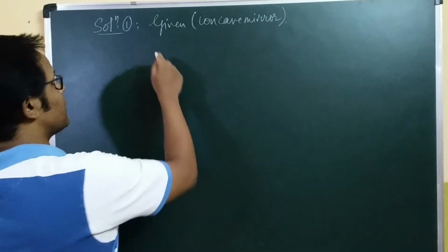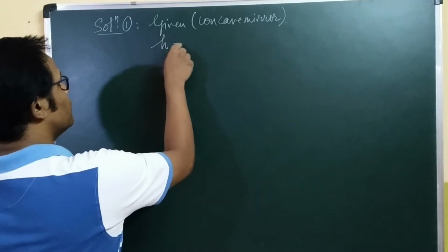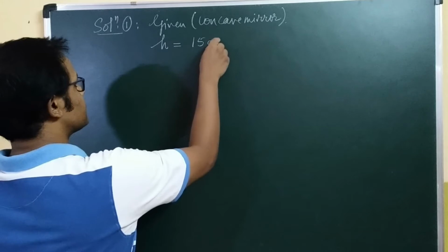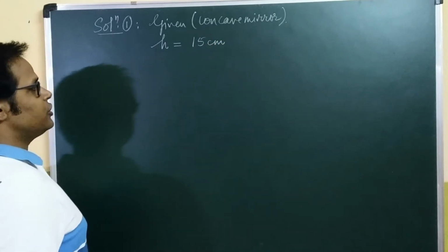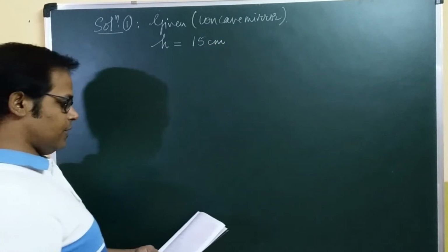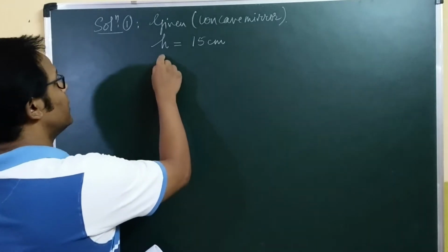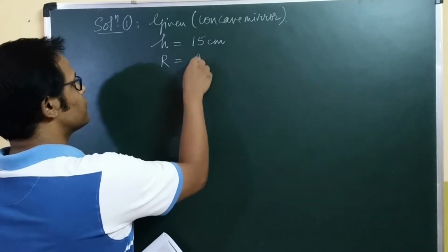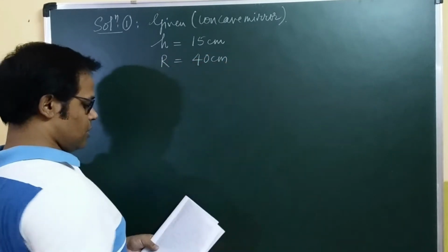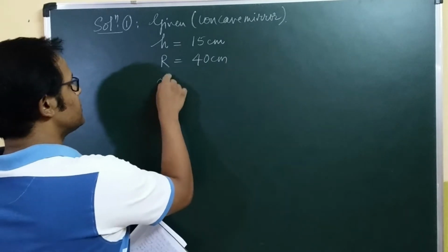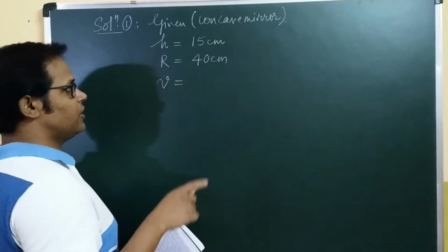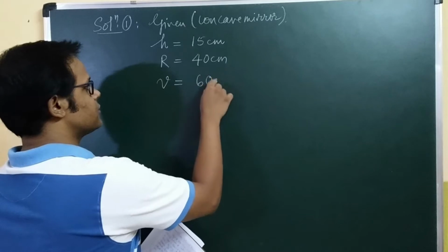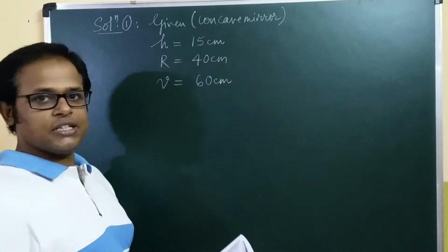So an object of size is given to you, h equals 15 centimeters, placed in front of the spherical mirror. Radius of curvature is 40 centimeters. And the image is obtained on a screen which is placed at a distance of 60 centimeters.